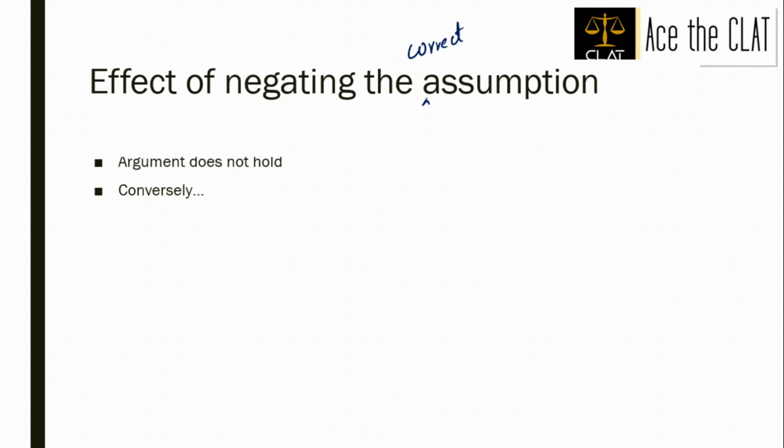Negating it is as simple as saying that I would not be running 10 kilometers a day from tomorrow. The primary and most important effect of negating the correct assumption is that once you negate it, the argument does not hold, or falls, है ना? The argument का कोई मतलब नहीं है.